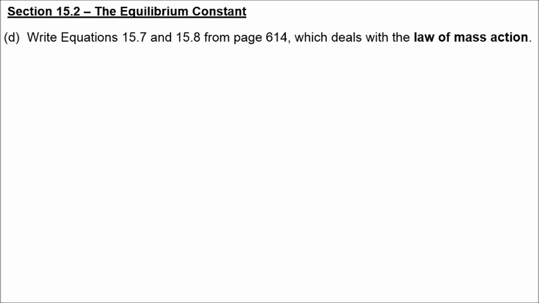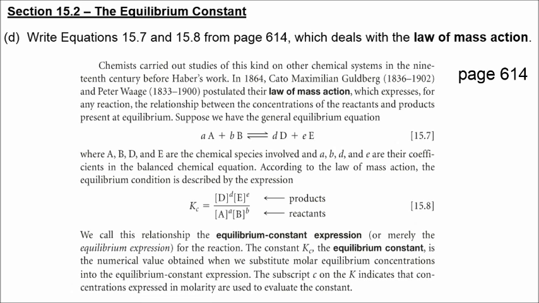Equation 15.7 and equation 15.8 are found on page 614, and you can see that the equilibrium constant expression is the ratio of concentration of products over concentration of reactants, and we raise the concentrations to the exponent which corresponds to the coefficients in the balanced chemical equation.